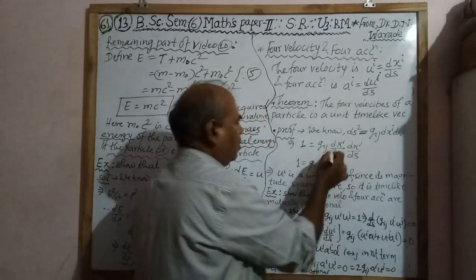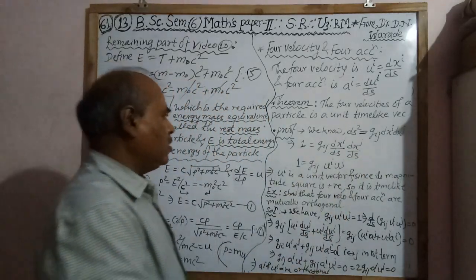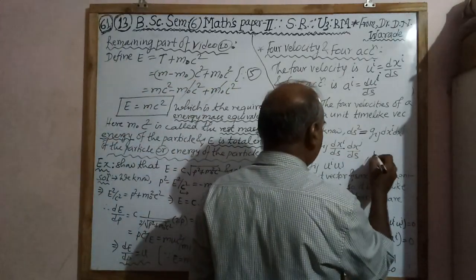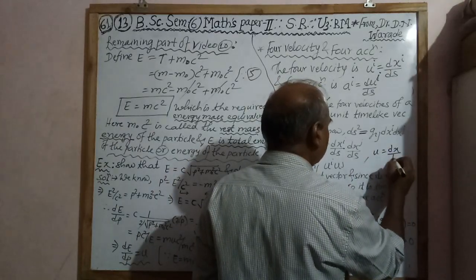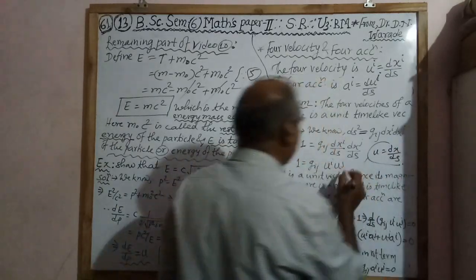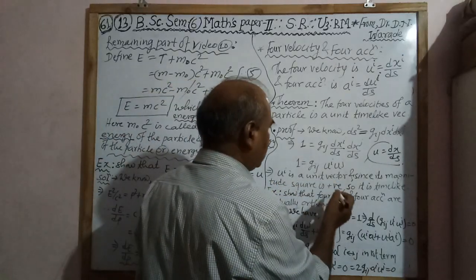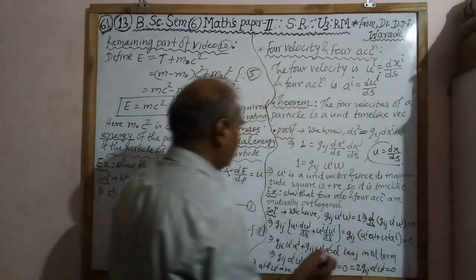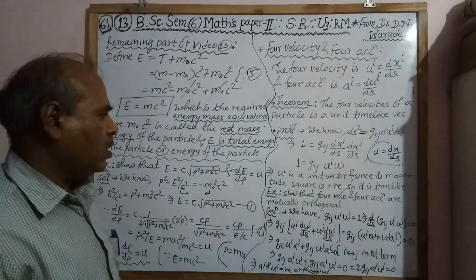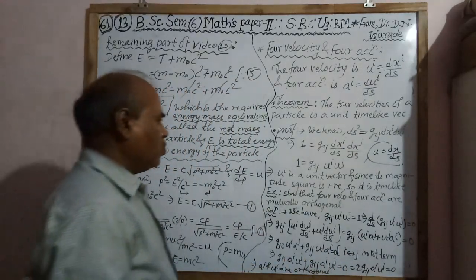Then again dx by ds means u, so we get g_ij u^i u^j. Therefore we say that u^i is a unit vector, and since its magnitude square is positive, it is a time-like vector.